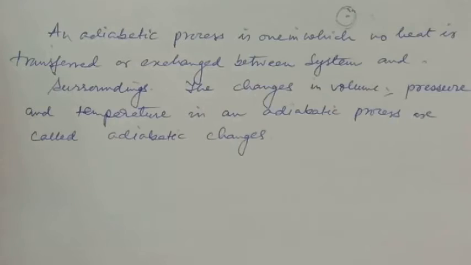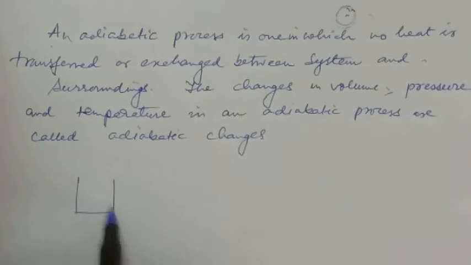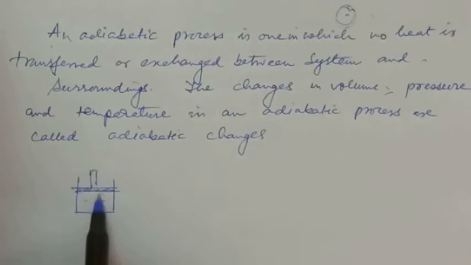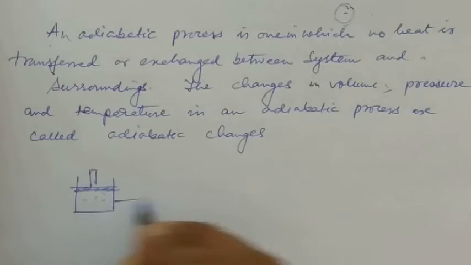Now for adiabatic expansion and adiabatic cooling, we take a similar case of a cylinder piston arrangement. Cylinder piston arrangement means like this, with gas inside. The cylinder and the piston are made up of non-conducting material. In the previous case it was conducting material.